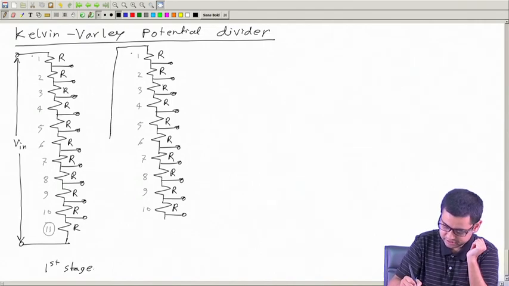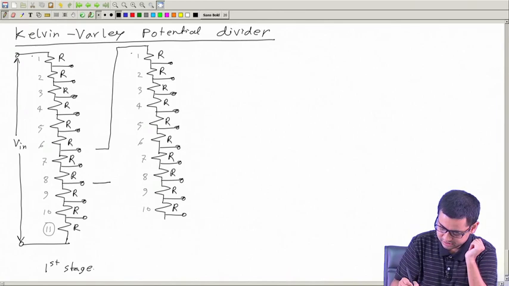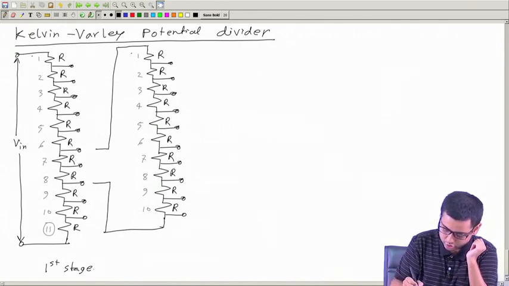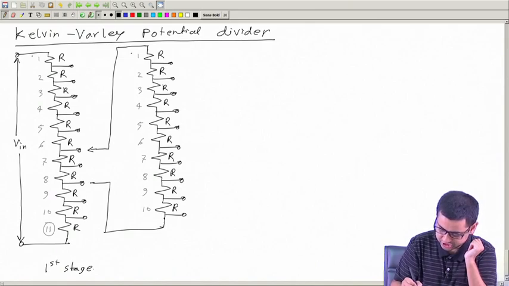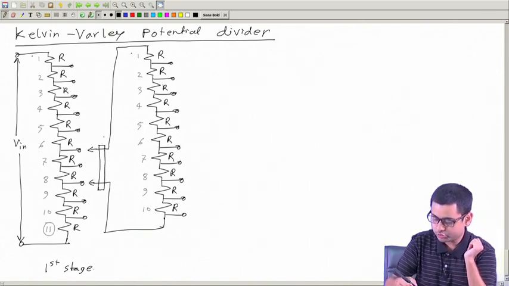The trick is like this. We will have two jockeys instead of one, and these two jockeys will be mechanically coupled. So, these two move together.